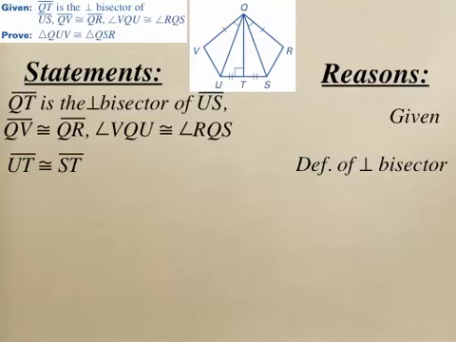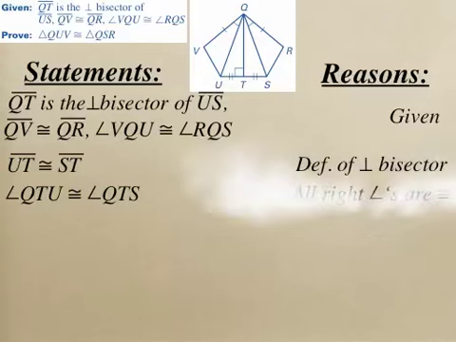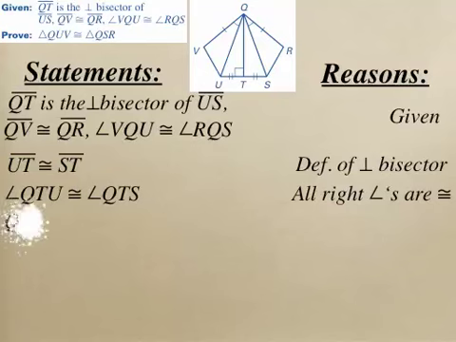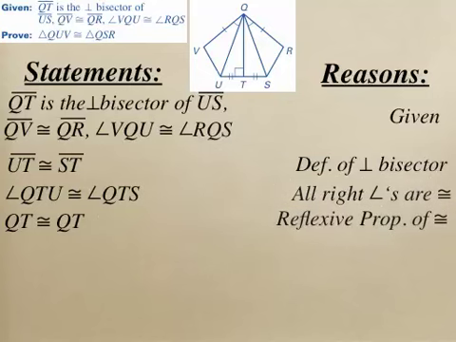Because those are both right angles, I can say that angle QTU is congruent to angle QTS because all right angles are congruent. Also, if you notice, my two middle triangles are sharing the segment QT. So I can say QT is congruent to QT because of the reflexive property of congruence.